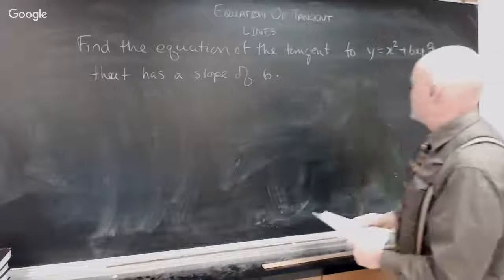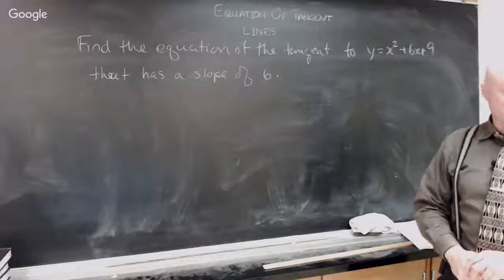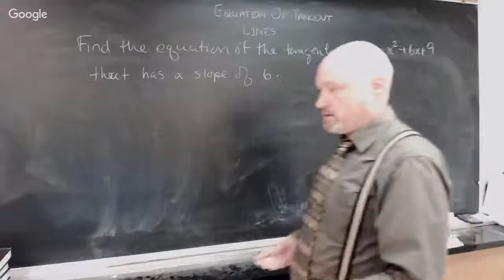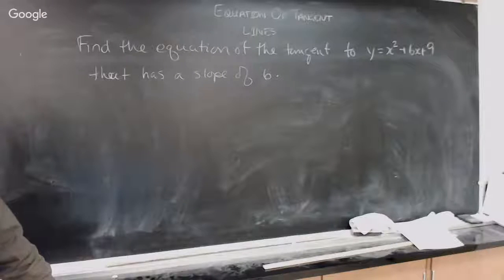Okay, so we're asked to find the equation of the tangent to this particular curve that has a slope of 6. We don't know the x-coordinate. We don't know the y-coordinate. We do know the slope, though.